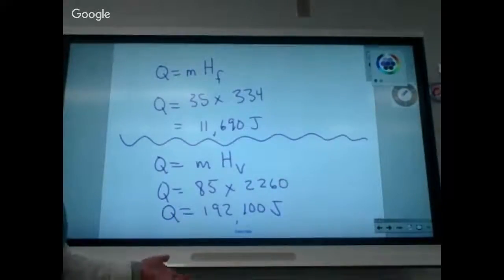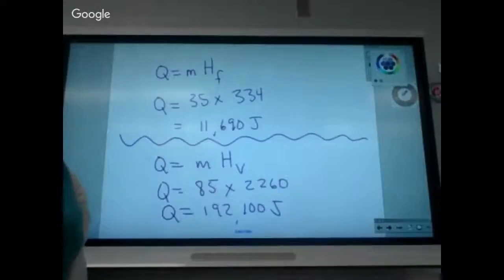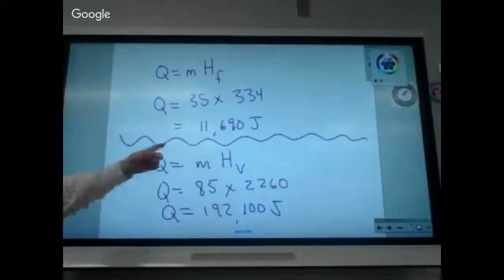Y'all know how to plug in two numbers and divide. Why couldn't I give you Q and M and expect you to find H? Because you didn't tell us that.